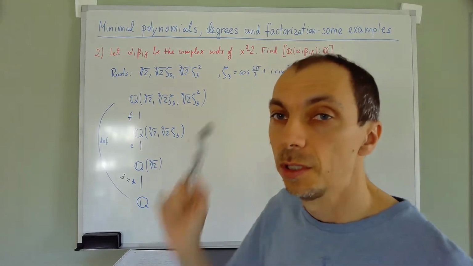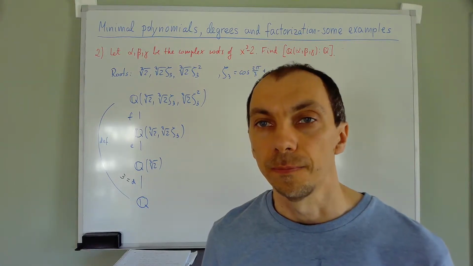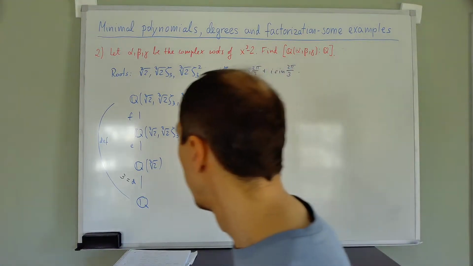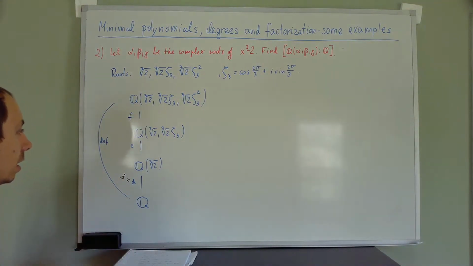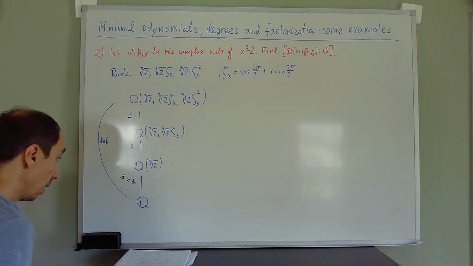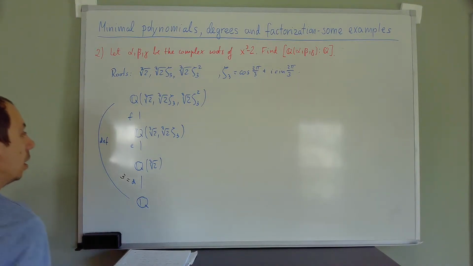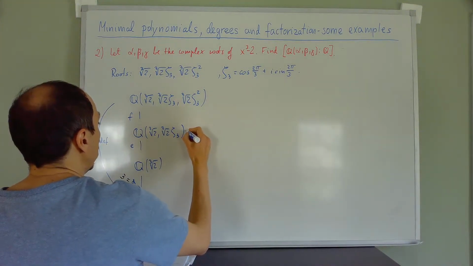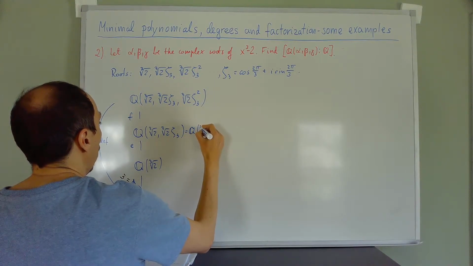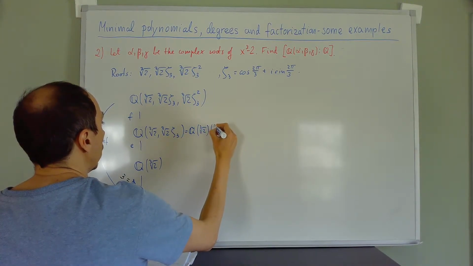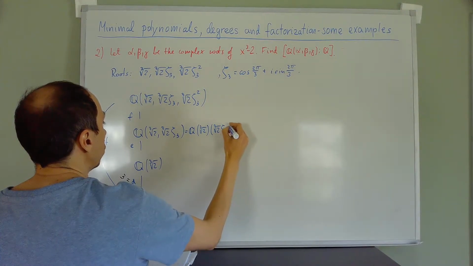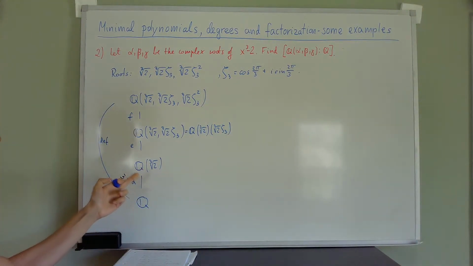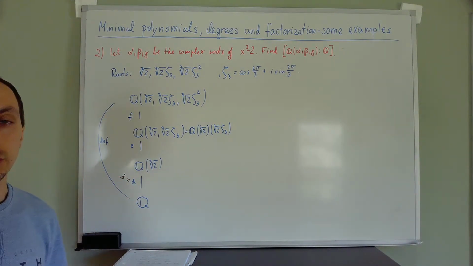This actually is the minimal polynomial of cube root of 2 over Q. So now E. So I need to know what is the degree of the minimal polynomial of cube root of 2 zeta 3 over Q adjoin cube root of 2.